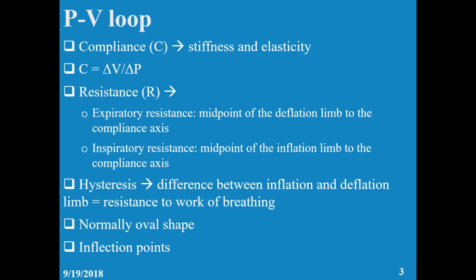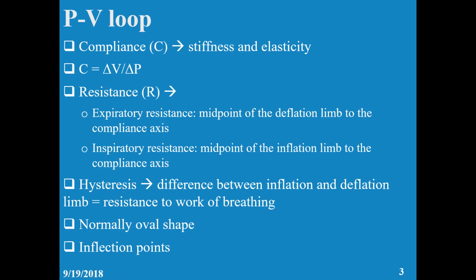So we have something called inflation points: a lower inflation point, a higher inflation point, a higher deflation point, and a lower deflation point. In between, there is mid deflation. And there is something called hysteresis that you will learn today. I know there are many terms.